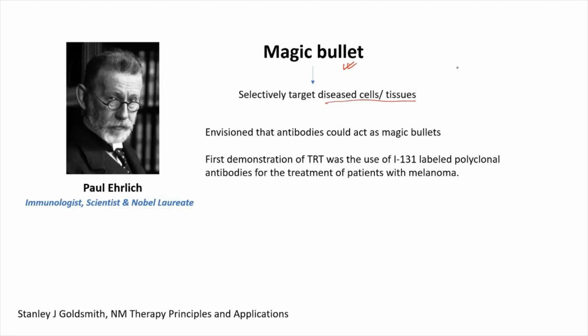He envisioned that antibodies could act as magic bullets, because we know how specific antibodies are for a given antigen. The first demonstration of targeted radionuclide therapy was the use of iodine 131 labeled polyclonal antibodies for the treatment of patients with melanoma.